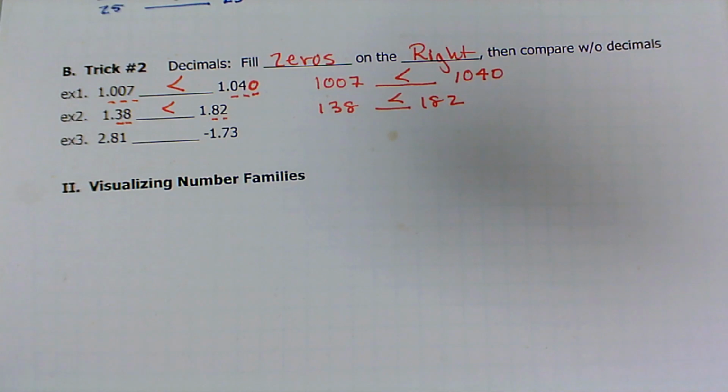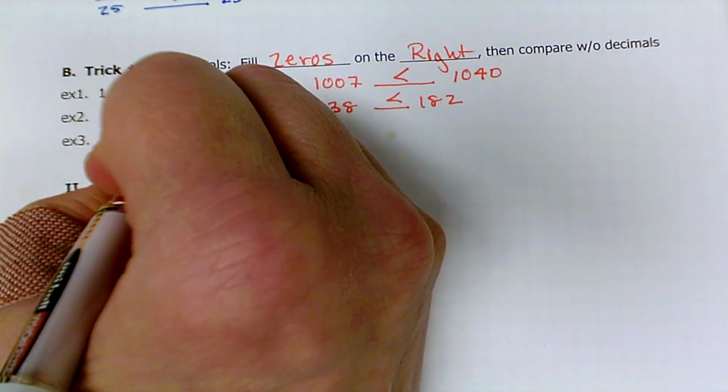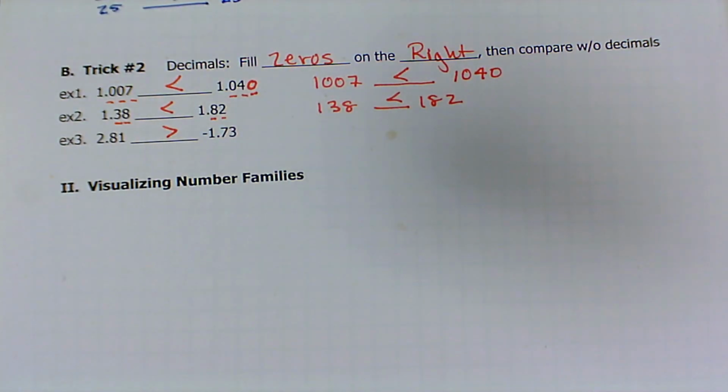Now, if they give you one where they have a positive number and a negative number, this is your freebie, because you know negative numbers are always smaller than positive numbers. So you don't have to even do anything on this one. You can just say, look, that's negative, small end on the negative. So don't forget the easy ones.